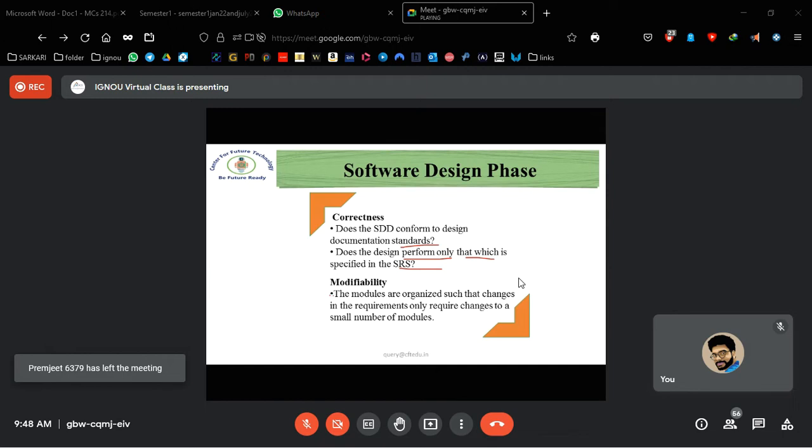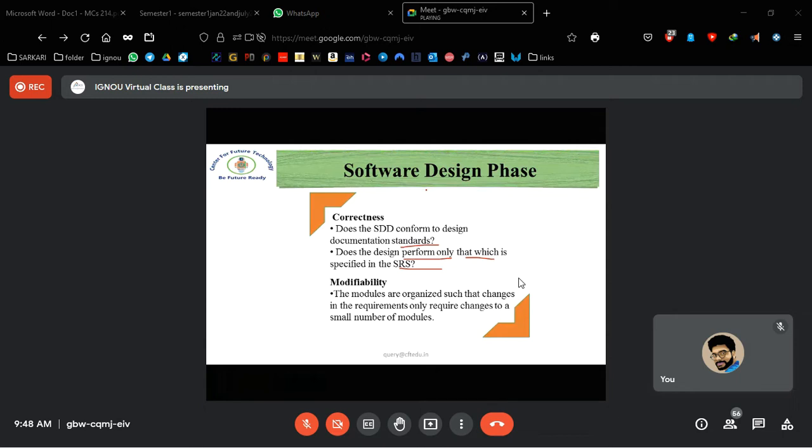Modifiability. Every design must be flexible enough to add more components to it. If I have prepared a design which is not so flexible, not so modifiable, it means it will not be flexible enough to use in the near future also.